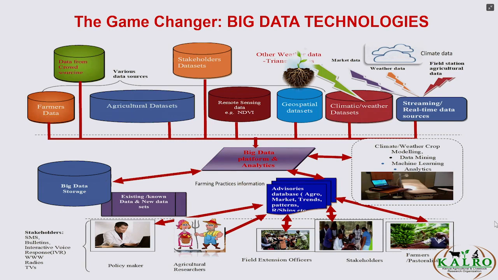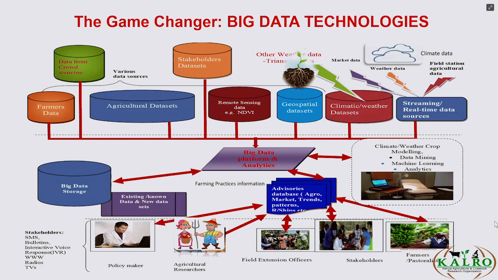But again, there's also a huge opportunity in the remote sensing data, in the geospatial data, in climate data, and market data. So when you harvest all these different data sets, put them in the big data platform, and run your models and different analytics, you're able to come up with advisories which can give you trends, patterns, relationships that can now help policymakers to make the right decisions, can now help research be demand-driven, can support the remaining few extension officers, can also guide the stakeholders, and also farmers and pastoralists.